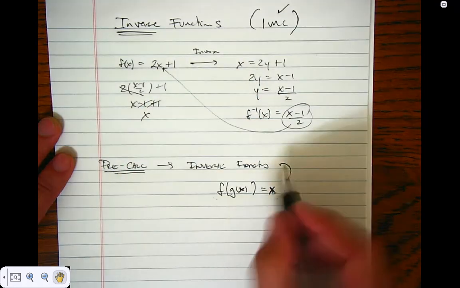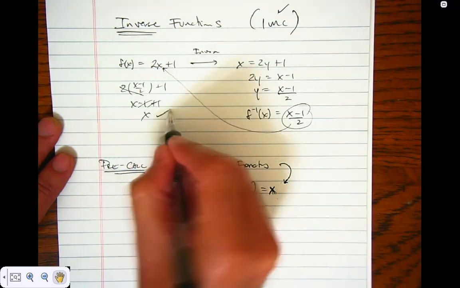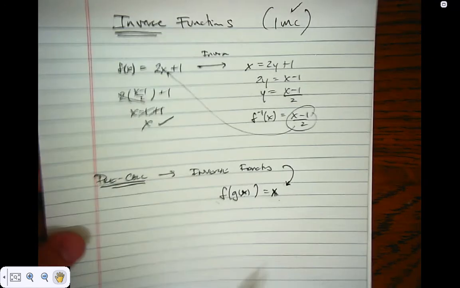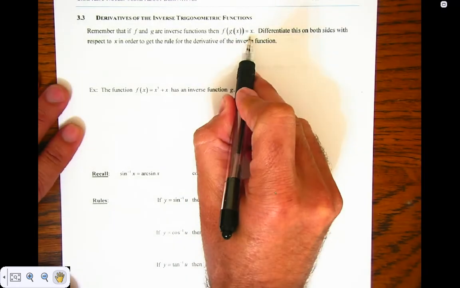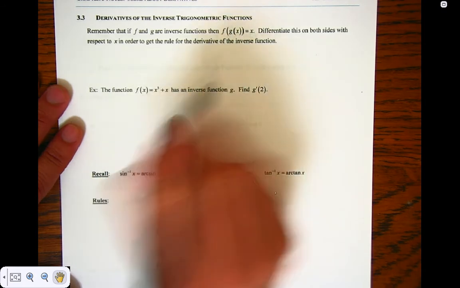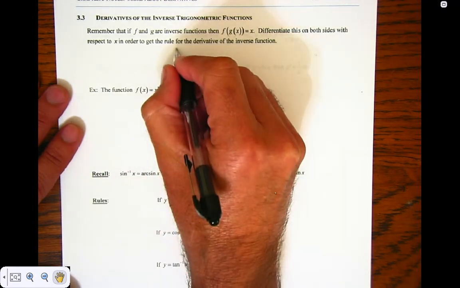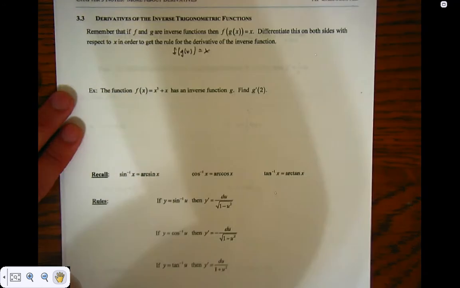And so this definition from pre-calc, that plugging a function into the other one and getting x, is the definition of inverse functions. So where this lesson starts is, given that f and g are inverse functions, differentiate it. Okay, so let's take the derivative of this. If I start with f of g of x is equal to x, and I take the derivative, we're going to use the chain rule.